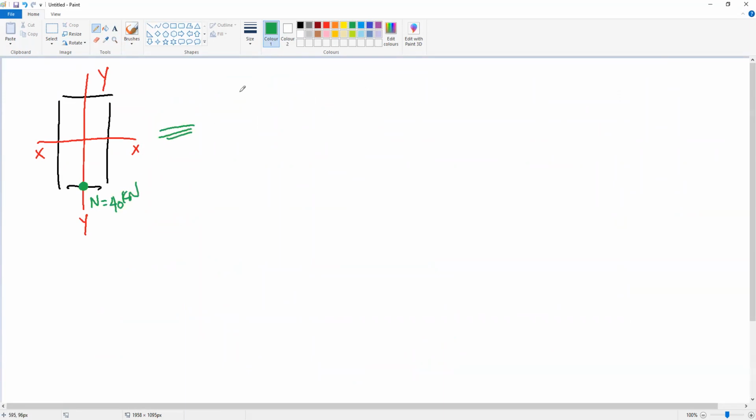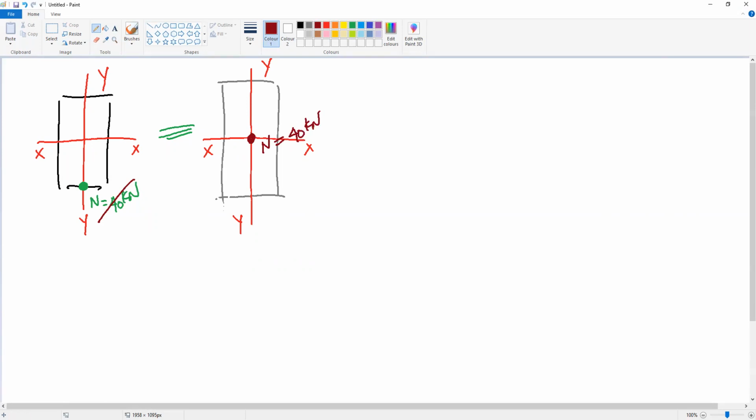What we will do is replace this normal force with a moment and a normal force here, N equal to 40. Okay, what else do we need to add as a replacement for this normal force? We need to add a moment in this direction. This M equals N times E.